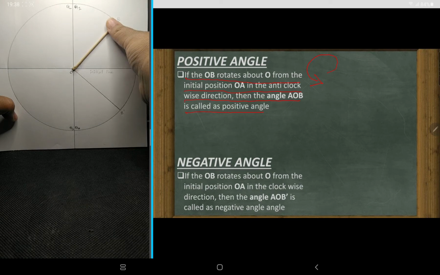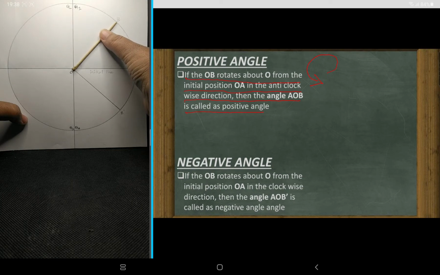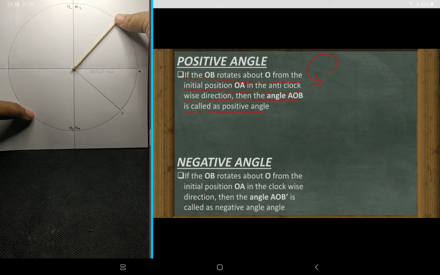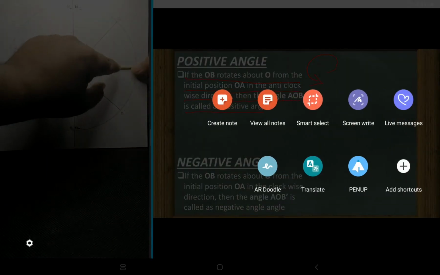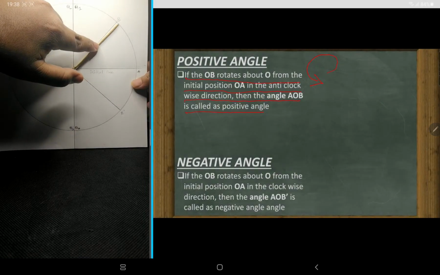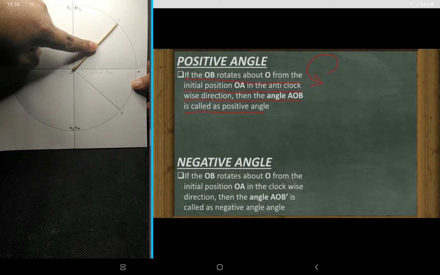For now we'll assume this stick is OB. If this OB rotates in the anti-clockwise direction, at a certain point it makes an angle AOB. This angle AOB is called a positive angle.